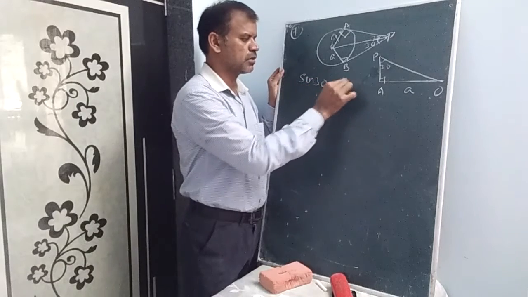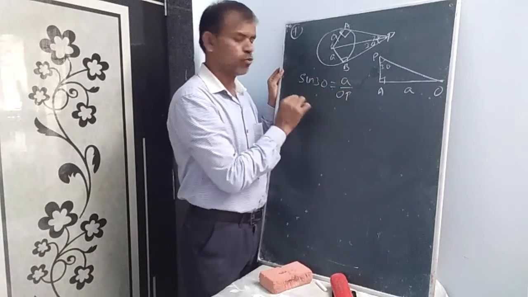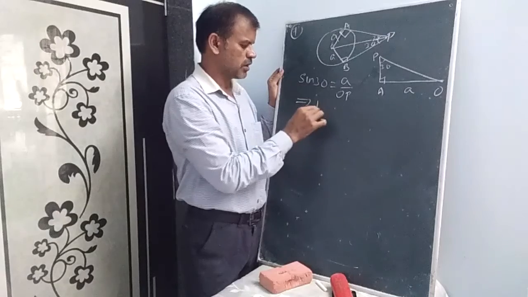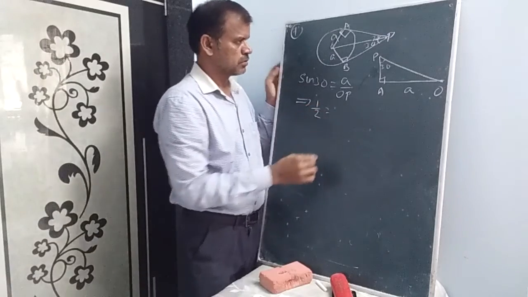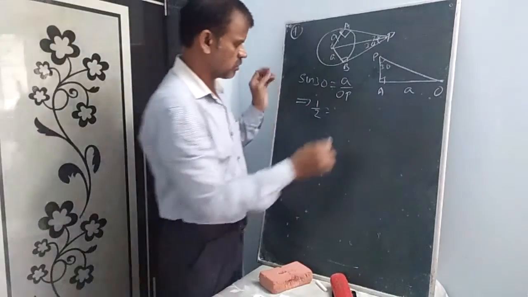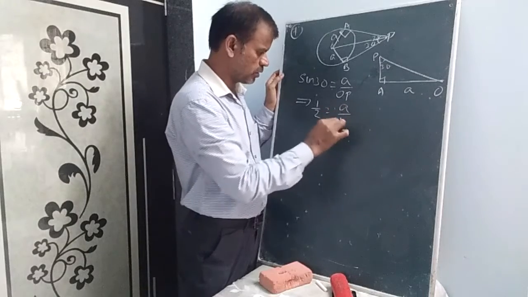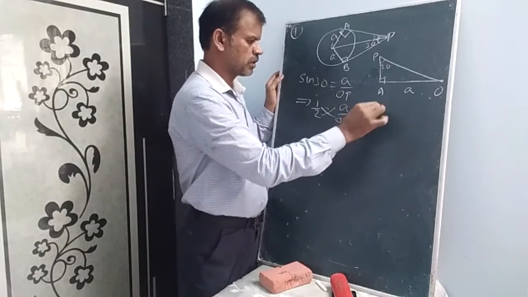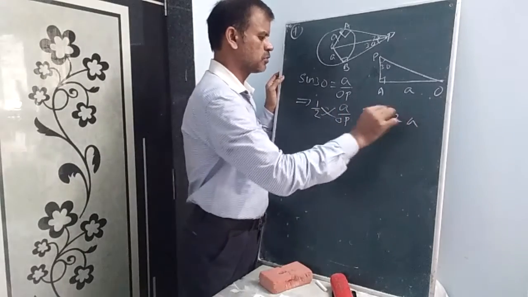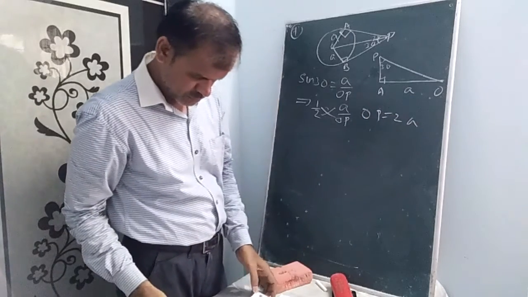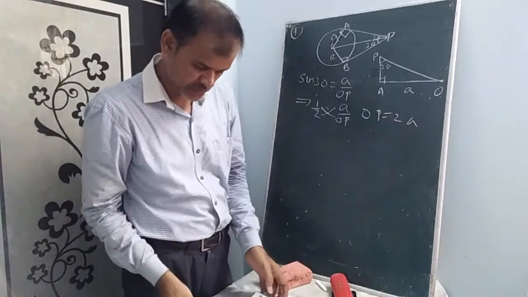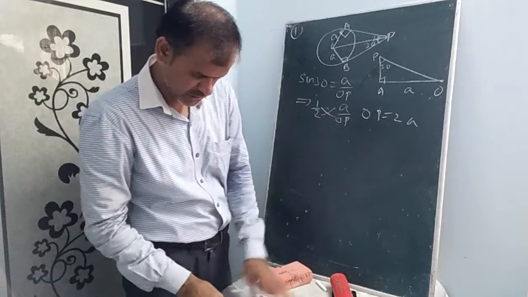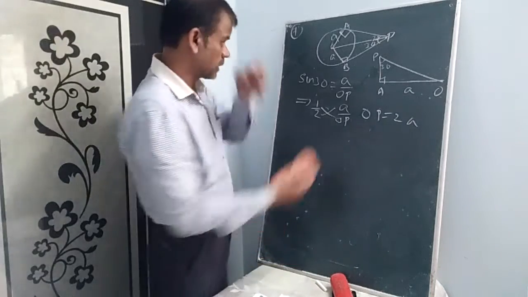Sin 30 is equal to opposite side by hypotenuse, a by OP. Sin 30 value is 1 by 2. 1 by 2 equals a by OP. Taking cross multiplication, OP is equal to 2a. Seventh question, second option.